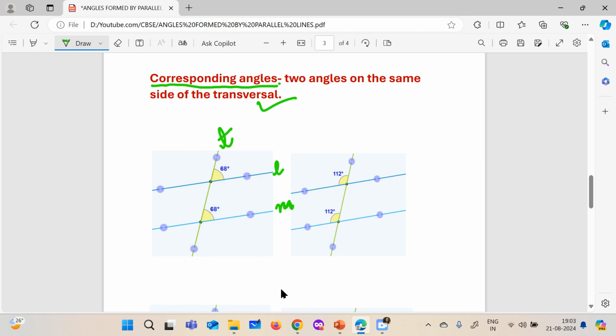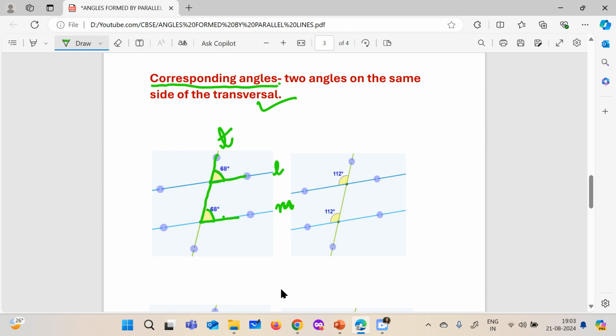As we said, corresponding angles are two angles on the same side of the transversal. On the right hand side of the transversal, you can find these two angles, 68 degrees.